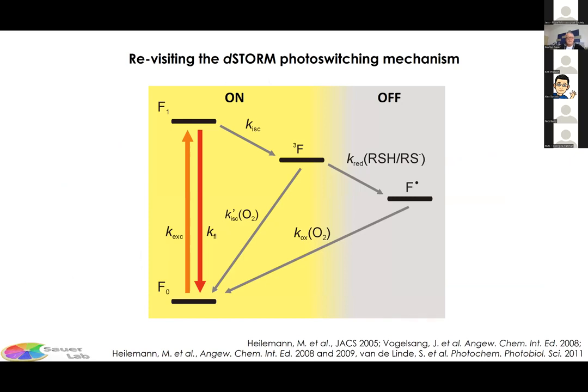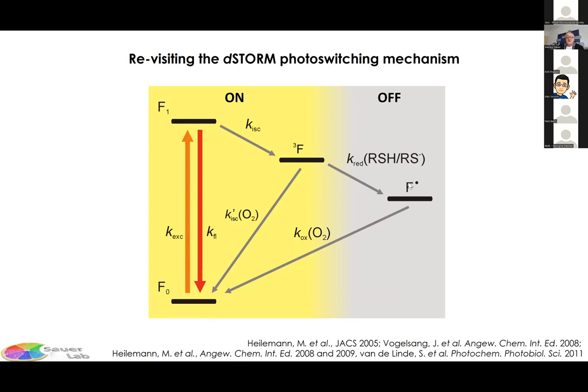story. So in order to understand what's going on, we have to revisit the dSTORM photoswitching mechanism very briefly. What everybody agrees on worldwide is that the triplet state belongs to the on state of these cyanine dyes if they switch on, and then depending on the triplet yield, they undergo intersystem crossing, end up in a longer-lived triplet state, which is potentially quenched by oxygen, and the singlet manifold is repopulated.